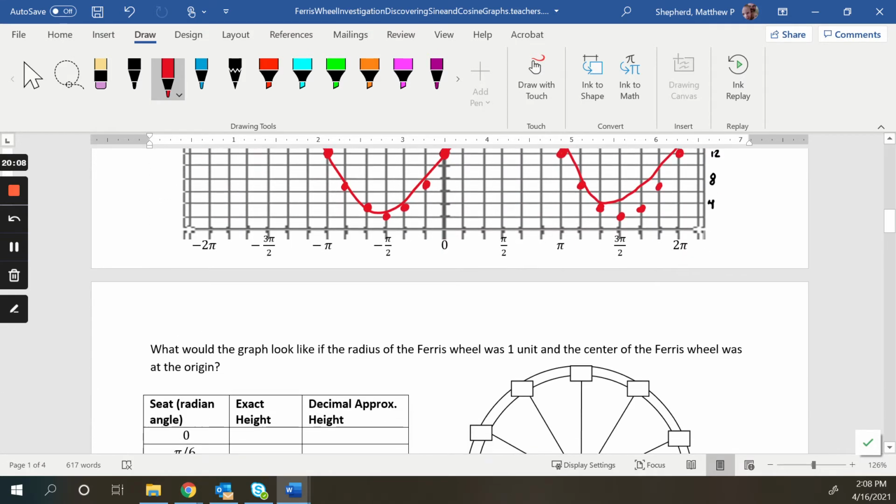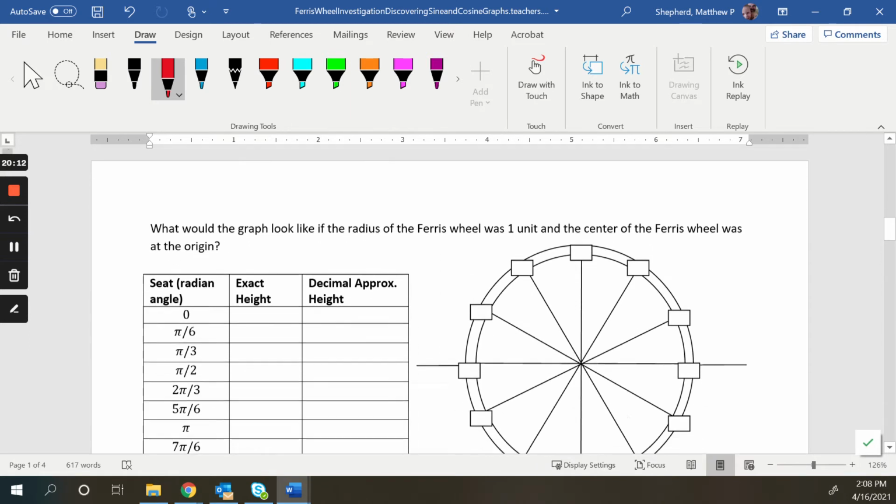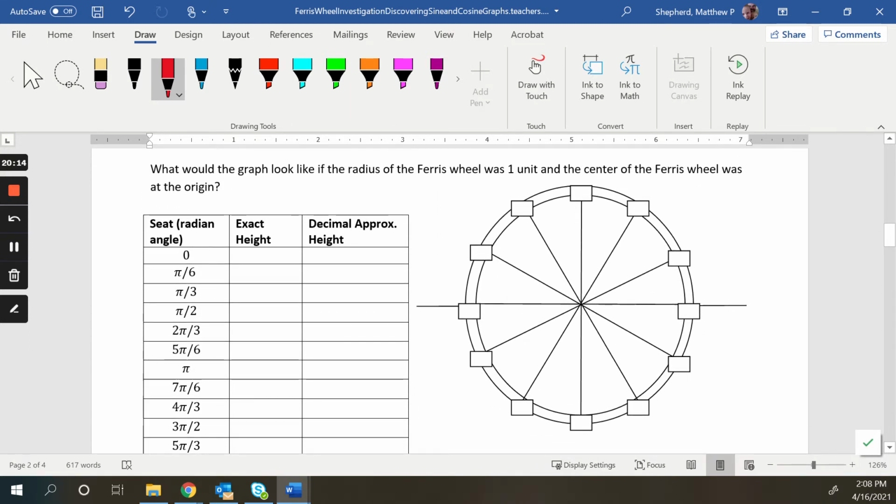Now, let's see a somewhat simplified version of this one now. So what would the graph look like if the radius of the Ferris wheel was 1 unit and the center of the Ferris wheel was at the origin? So right here we've got ground level. So that's 0.